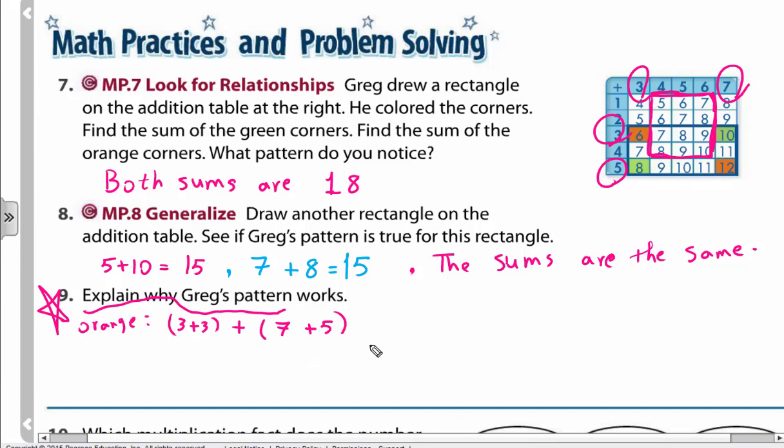Let's think of the green. I will erase this so we can do new circles. The green, the 10 is 7 plus 3. So 3 plus 7. And the 8 is 3 plus 5.